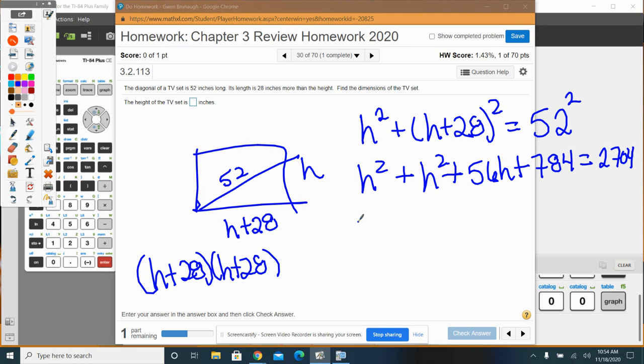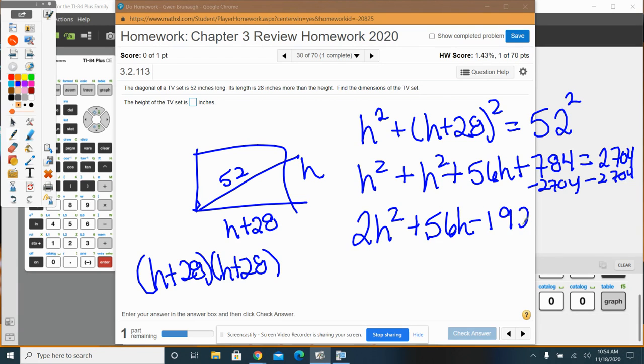So we're going to get 0 on one side, and that's 2h squared plus 56h plus, actually won't be plus at all, because you're going to minus the 2704. So 784 minus 2704 is minus 1920 equals 0. We're going to go ahead and divide everything by 2 here to make things a little bit nicer.